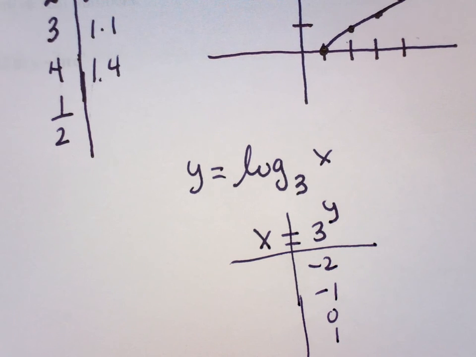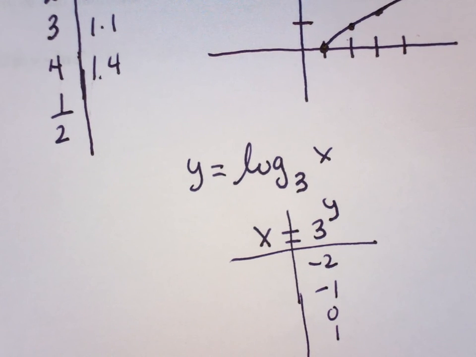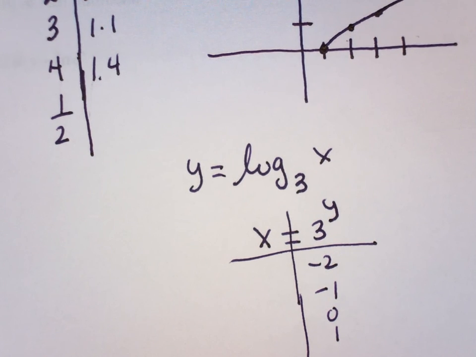So if you're going to graph any log, you want to end up rewriting it in exponential notation. You can get away with it with natural log because it's on your calculator. You can get away with it with log base 10 because it's on your calculator. The problem is what do you do when it's not that base? Are there things you can do? The answer is yes. All of them end up being equally unpleasant.